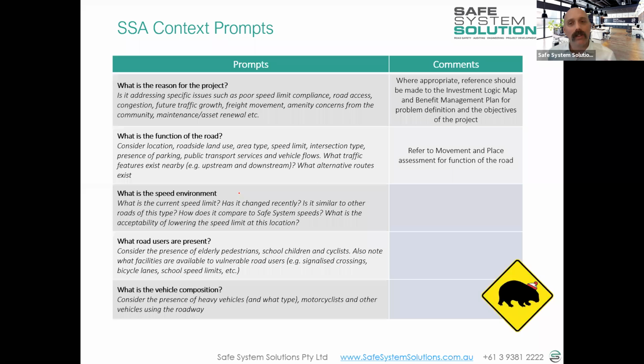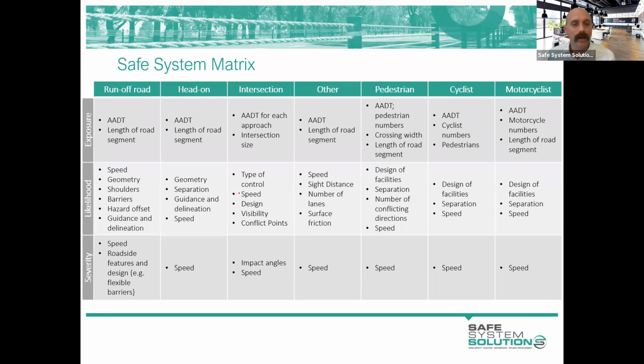Once you've got that, you then start to go to thinking about this safe system assessment matrix. Now this is the matrix, and what we have here is 3 rows to the matrix: exposure, likelihood, and severity.